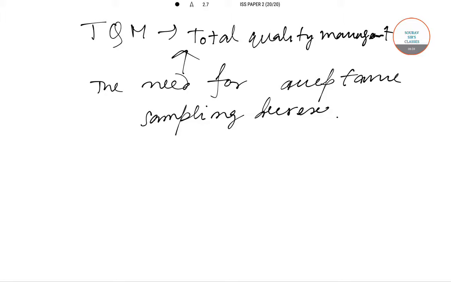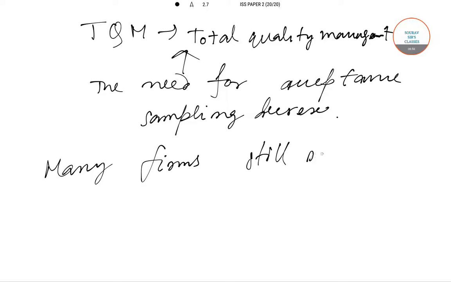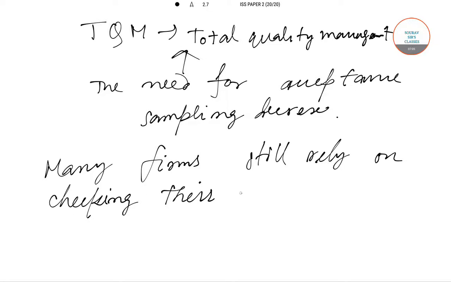TQM is one of the main causes of the decrease in importance of acceptance sampling. However, in reality, many firms must still rely on checking their material inputs.